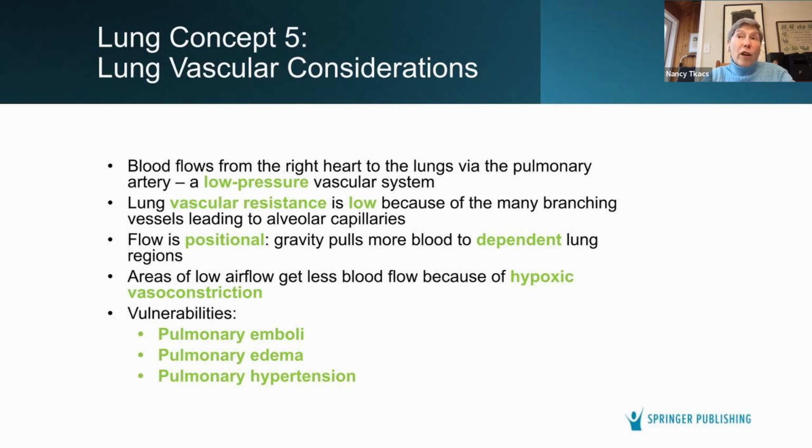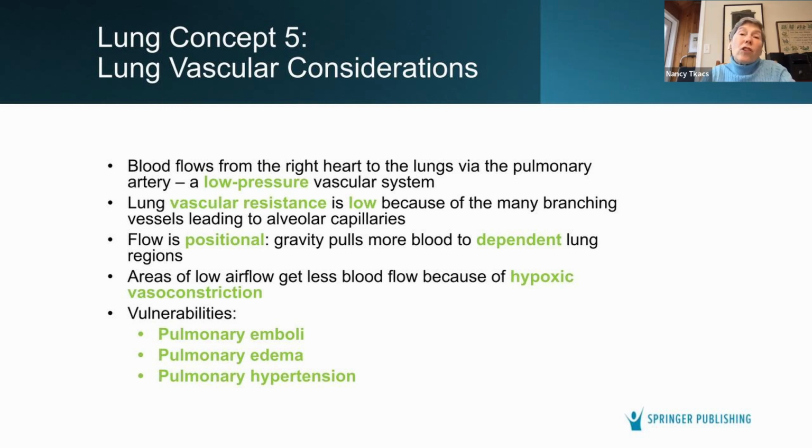If you have an area of consolidation with pneumonia and areas that are not getting as much oxygen, there is a compensatory mechanism called hypoxic vasoconstriction. And what that mechanism can do is it can help to match ventilation to the proper areas of perfusion and vice versa.